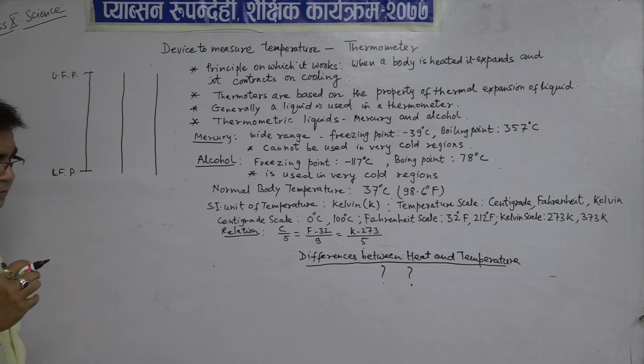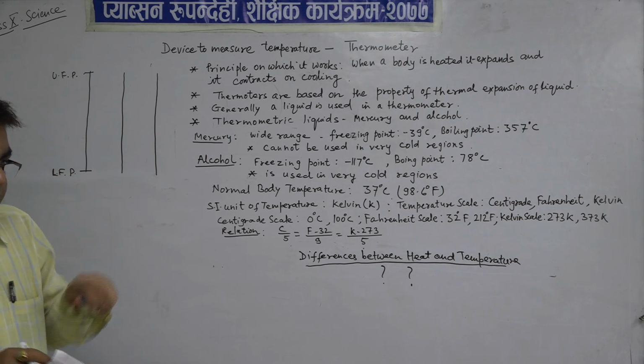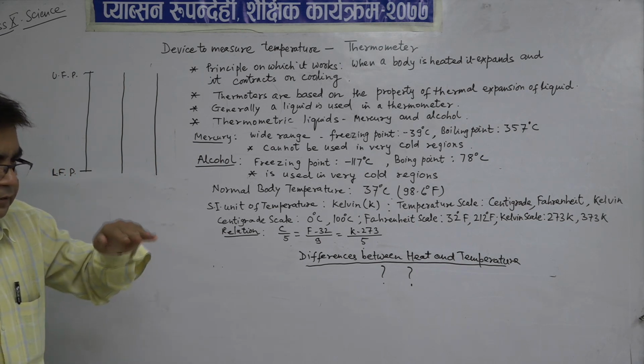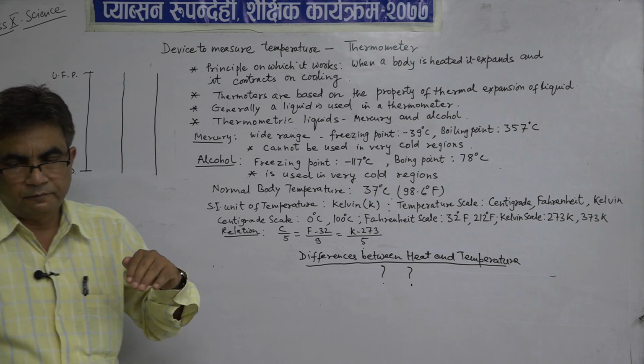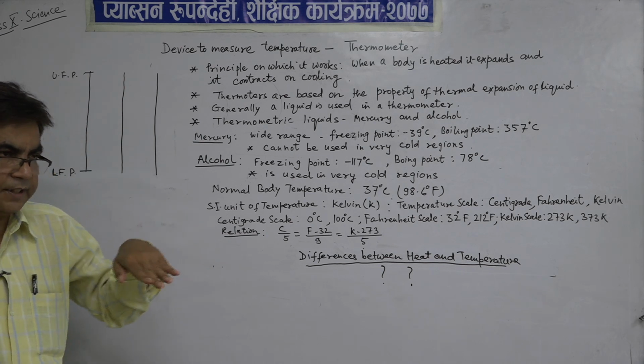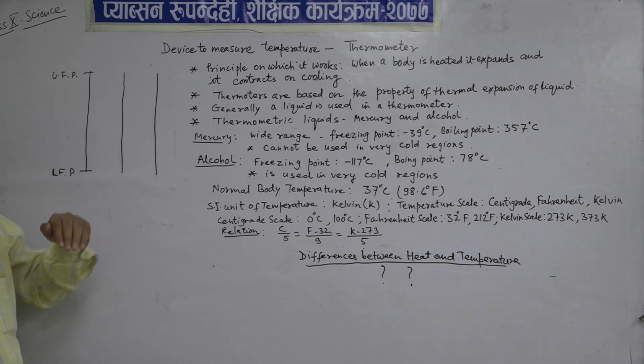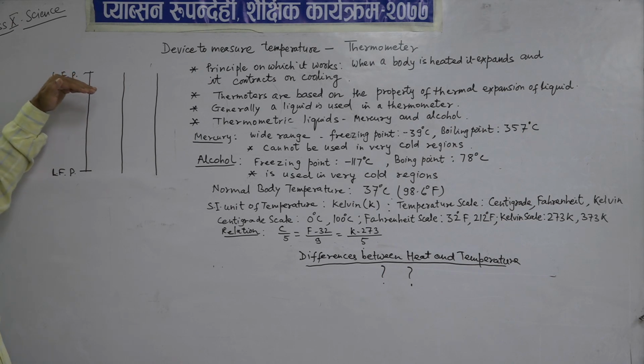Now, the question comes, what are this lower fixed point and upper fixed point? Lower fixed point is the freezing point of water, the temperature at which water freezes, and the temperature at which water starts boiling is your upper fixed point.